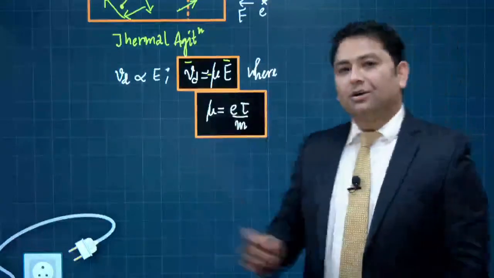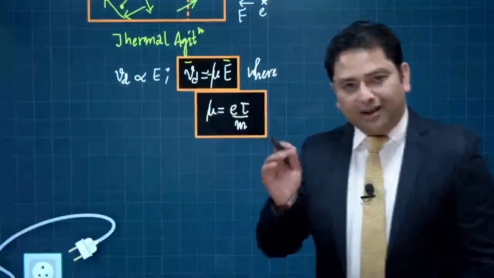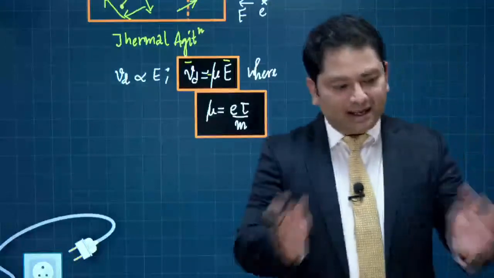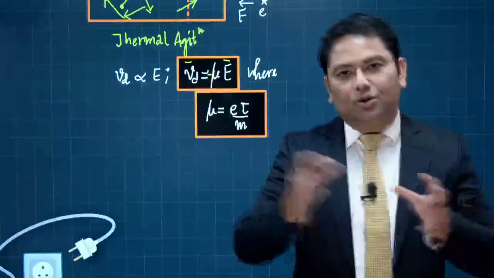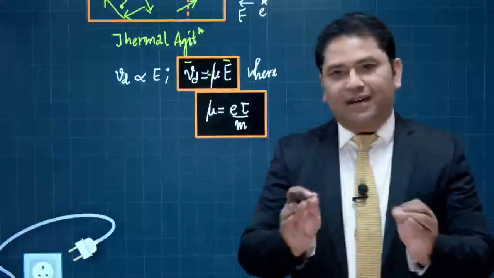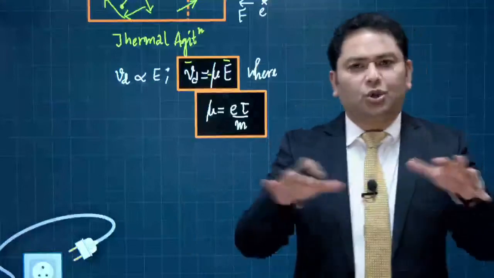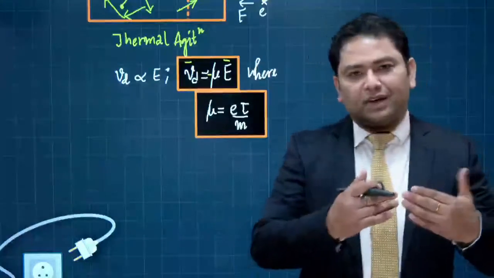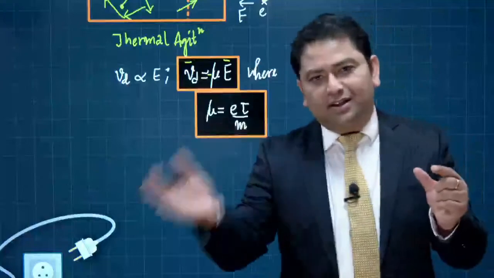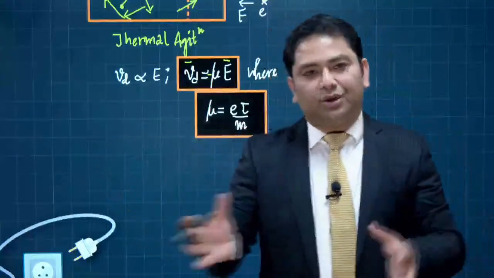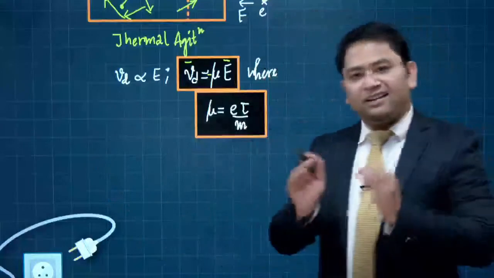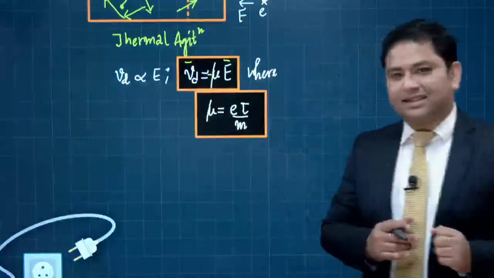Relaxation time का मतलब है average time between two collisions. दो collisions के बीच का जो average time निकाला जाता है, because things are so random. Maybe one collision will happen in a short duration, the other collision will happen relatively in a longer duration. तो इनके जो average value है, that is called the relaxation time.